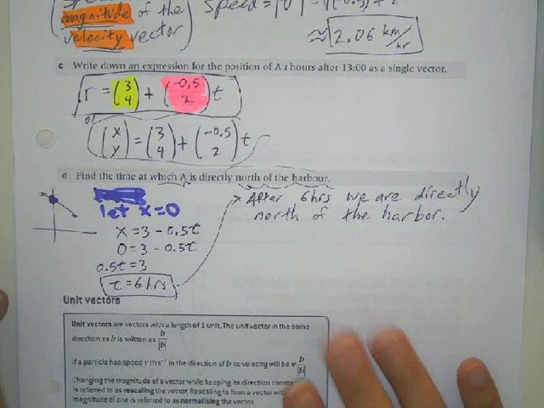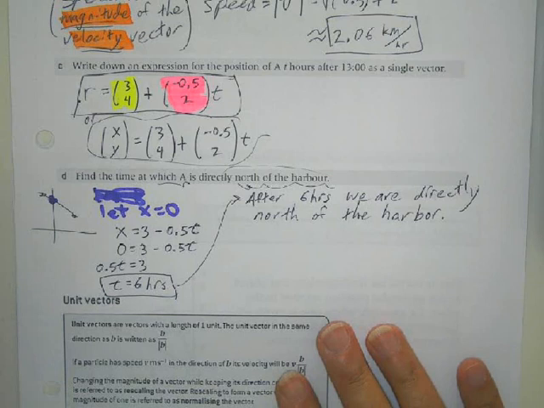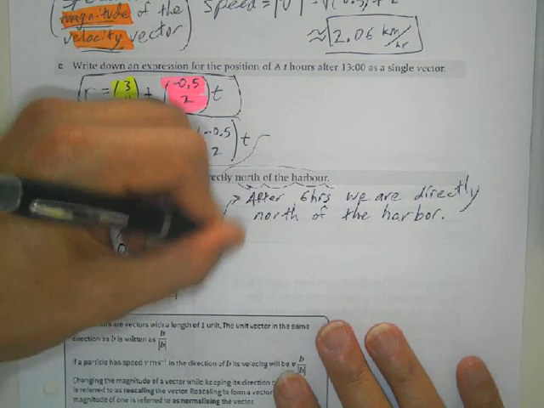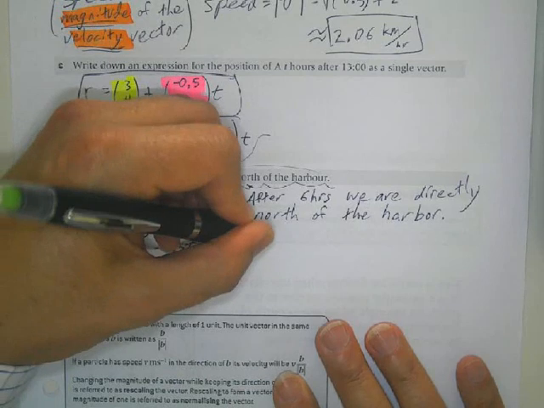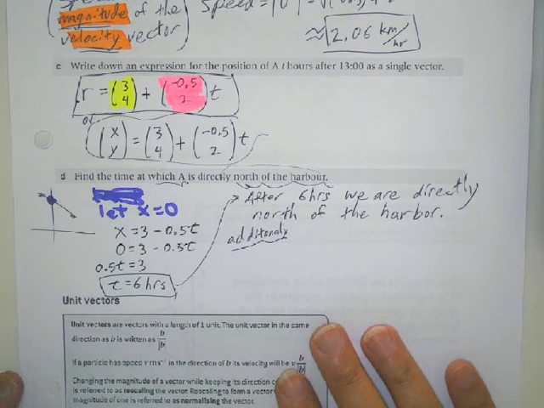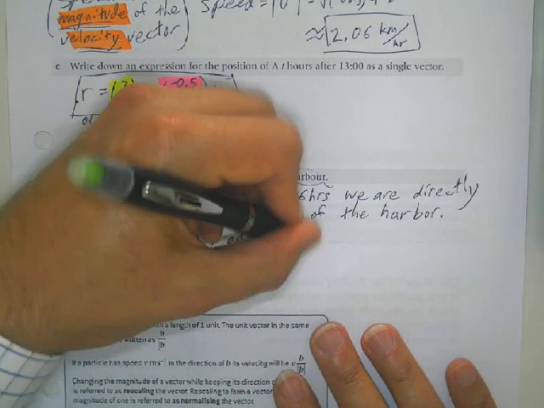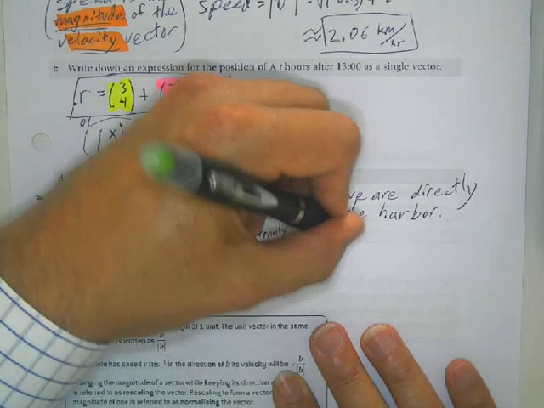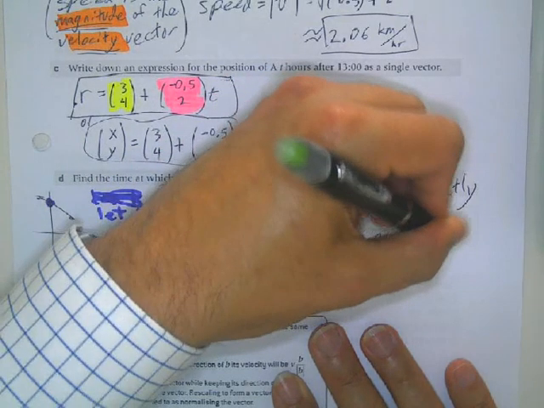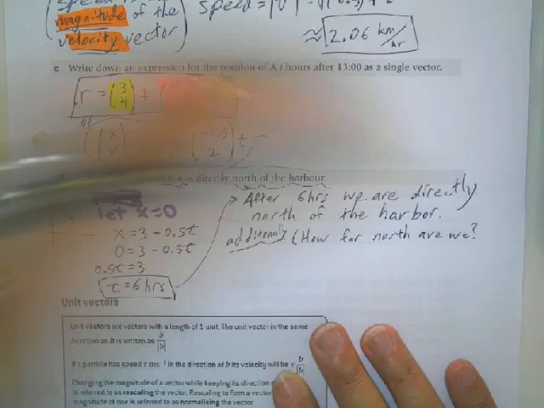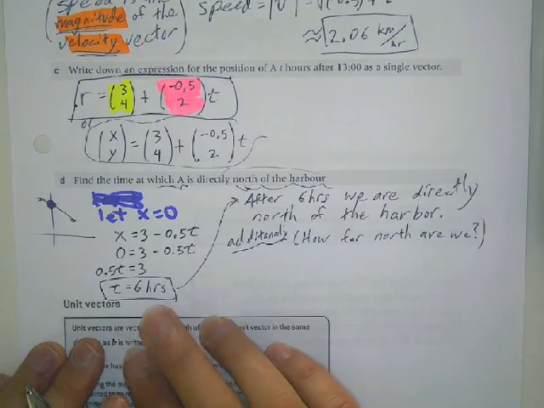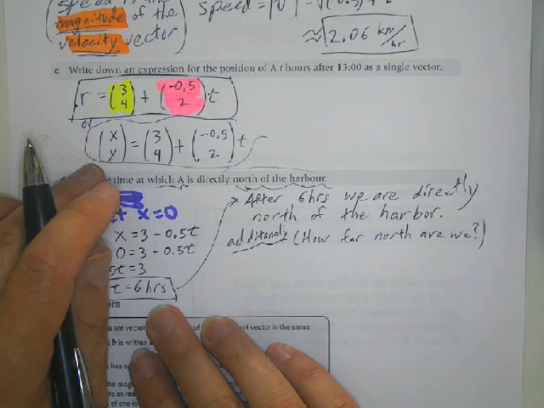If you wanted to know how far north, additionally, they didn't ask this, but let's just do this. How far north are we? So if I wanted to know how far north we are, then I could plug in 6 into the y, because y tells us how far north, right?